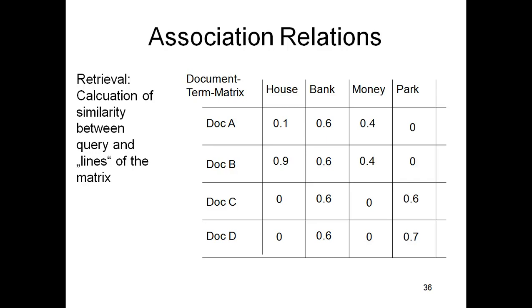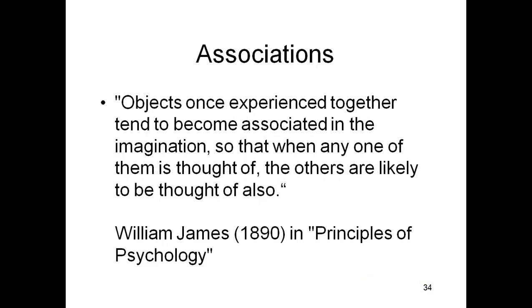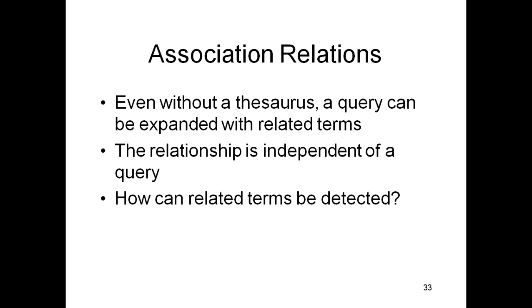They won't have exactly the same values, because of differences, but if they appear in completely different contexts and never are together in the same documents, then we assume these terms are quite different. That's a very mathematical way to look at semantics, right? We don't know anything about the words, we just assume that. And that means associations, we call this association relations.